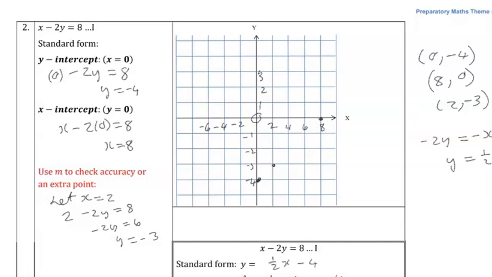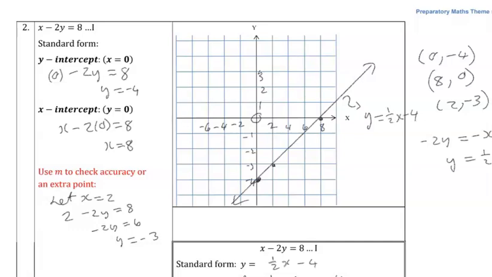So now we can again draw our straight line through that points there, and try to do it as accurately as possible.